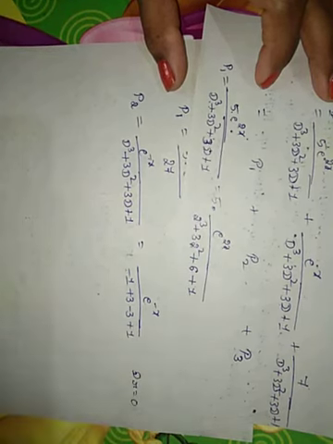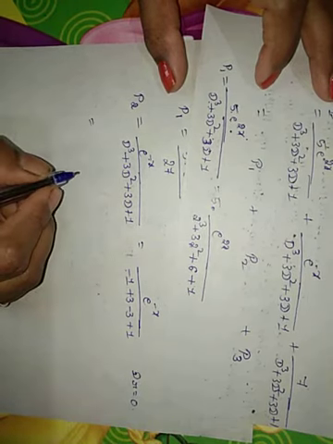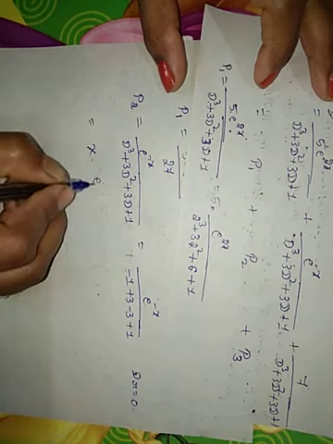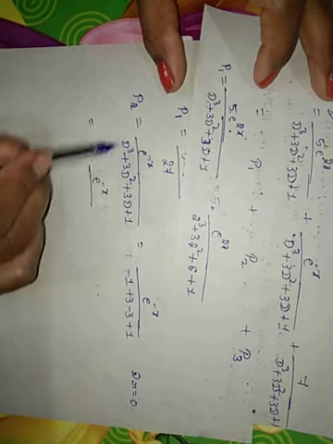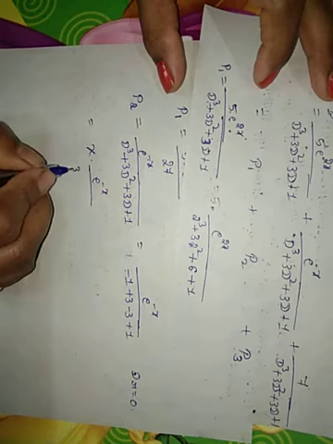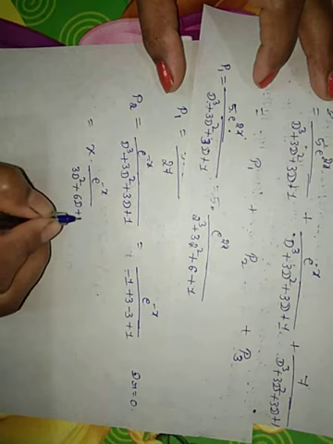The denominator tends to 0. When the denominator tends to 0, the procedure is x into e raised to minus x divided by the derivative of f of D. The derivative of f of D is 3D square plus 6D plus 3.